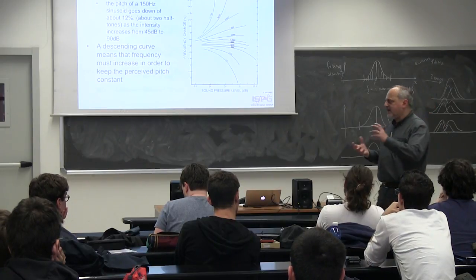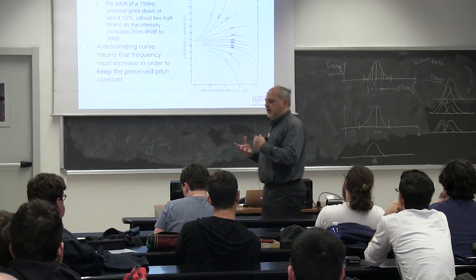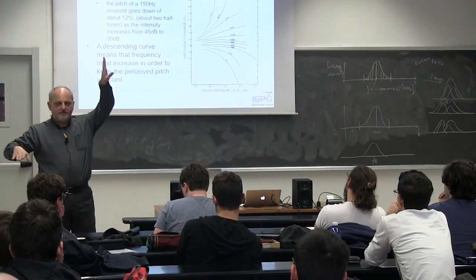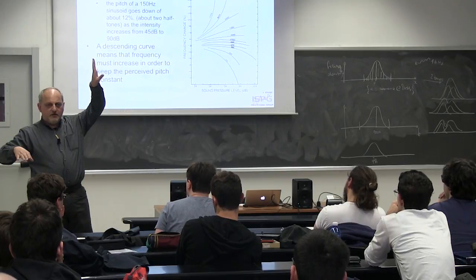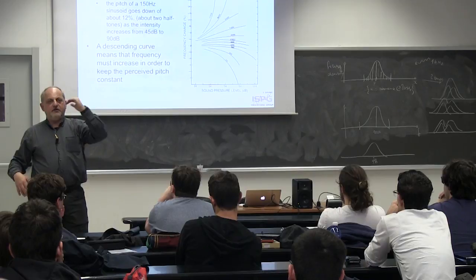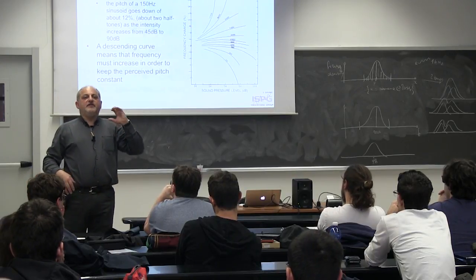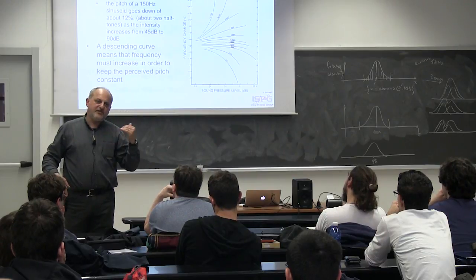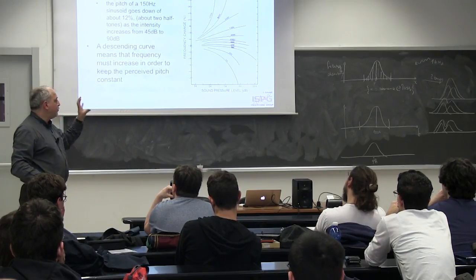So normally, diagrams that describe perception are diagrams that have two objective measurements on the abscissa and on the ordinate, but the curves describe something that doesn't change in perception. I have another diagram that I'll show you in a few minutes. This is one of those.